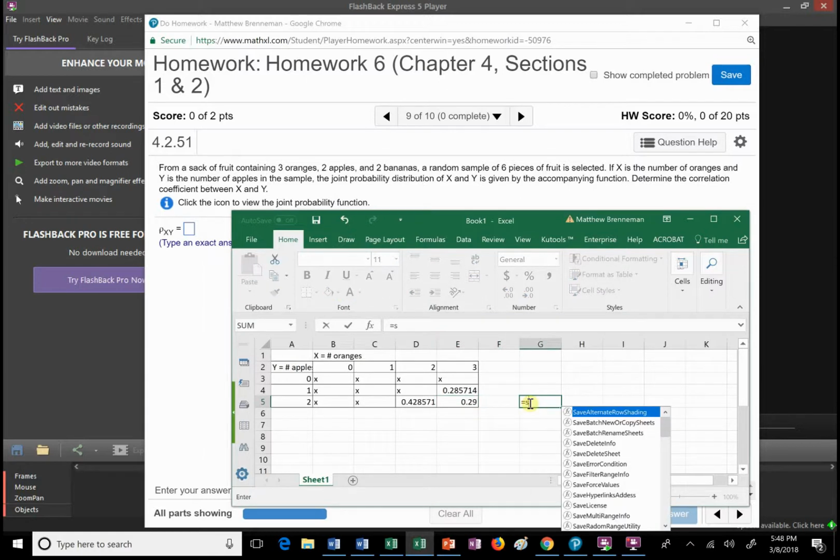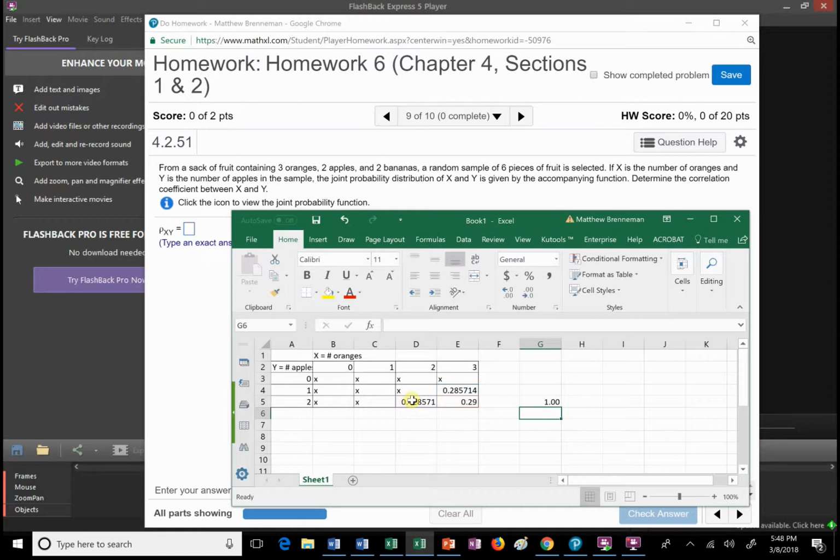So if I just want to check myself really quick, I can add up all these probabilities and they should sum to 1. And I'll just add them straight up. It's easier to do that. Okay, good. So the probabilities look good.